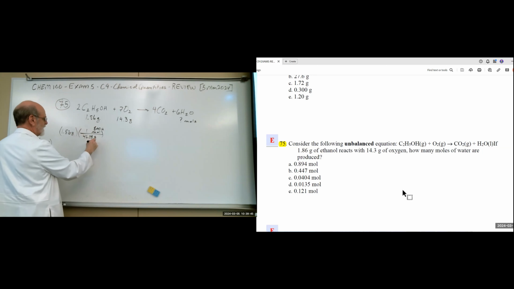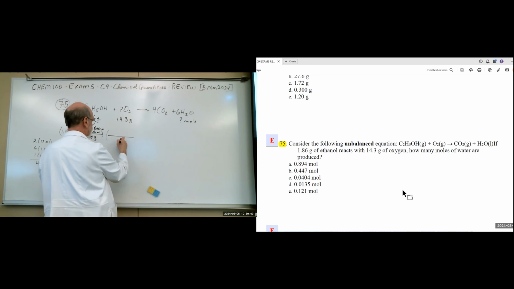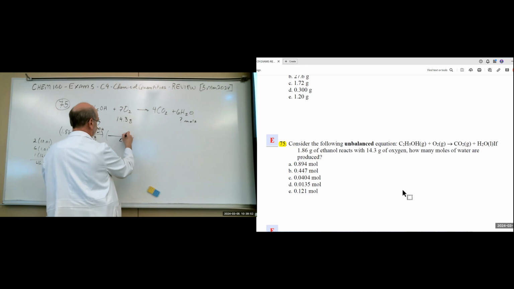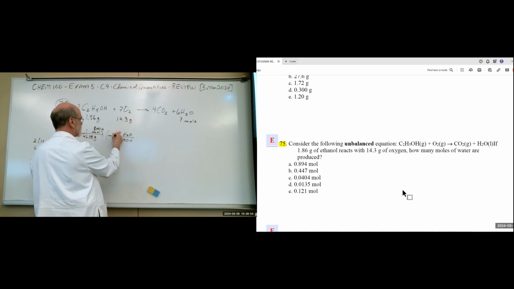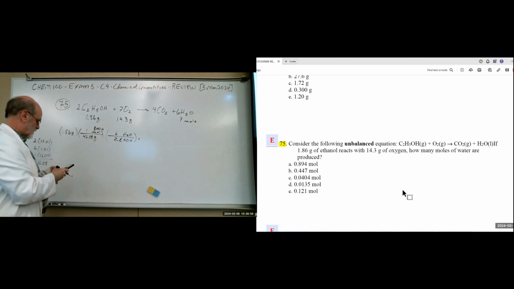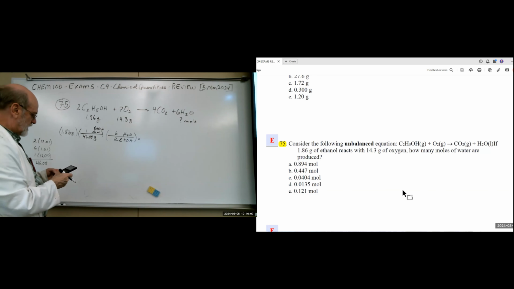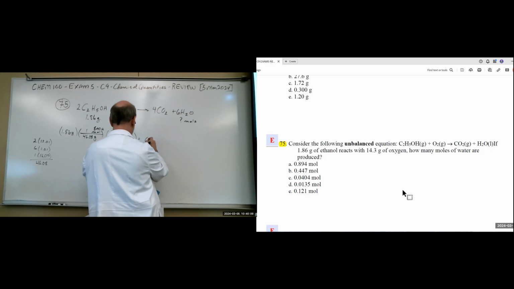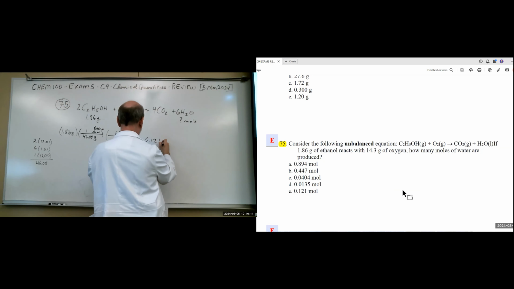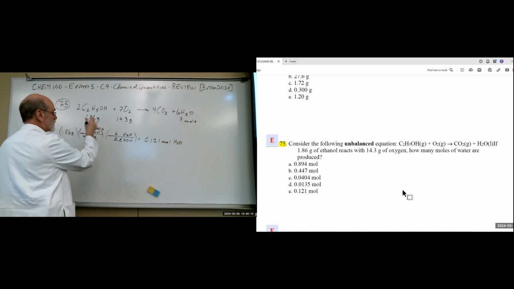Okay. That's moles of ethanol. Now we want moles of water. And it's 6 here and 2 there. So that'll be 1.86, 6 times that and 2 divided. So I get 0.121 moles of water.